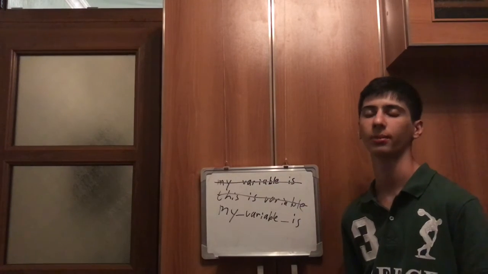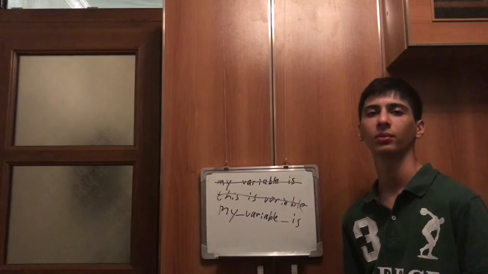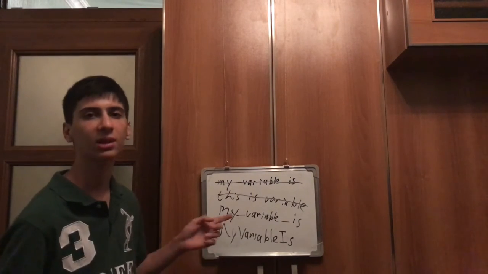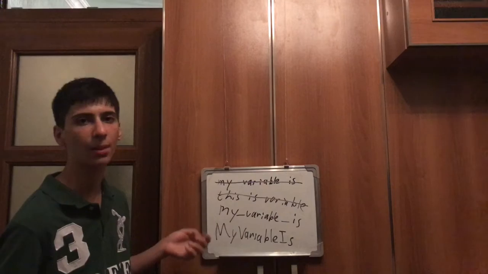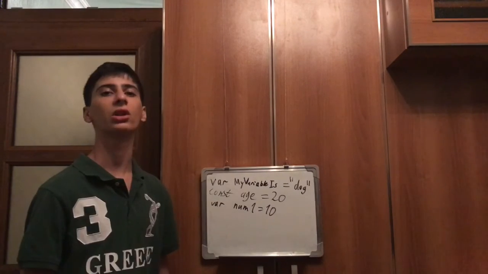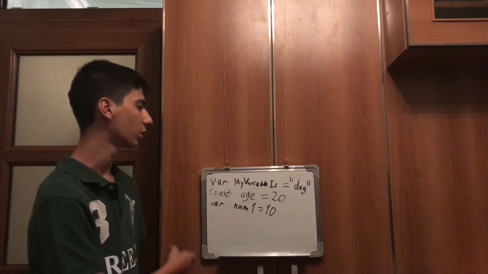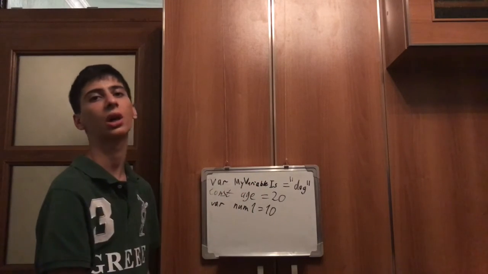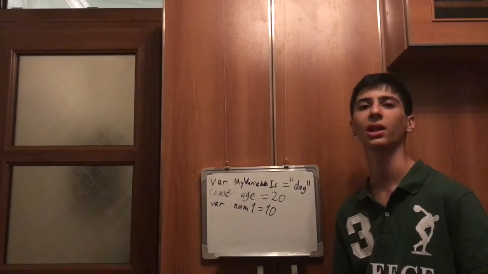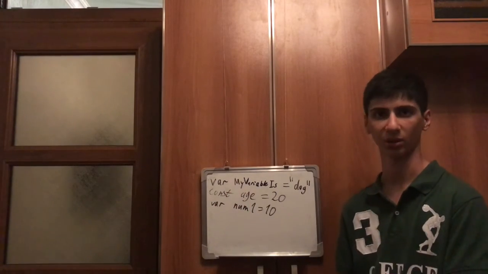But the most likely way to write it is myVariableIs, where every word begins with a capital letter. This way of writing is used the most. Okay, so I have explained how you can use variables and how it is better to write the name of a variable.